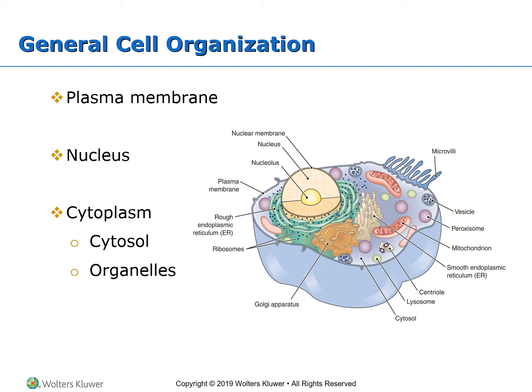Now that we know how we can study the cell, let's see how any cell in our body, regardless of the system or the tissue that cell belongs to, is organized. The first component of a cell is its outer layer, which is called the plasma membrane.